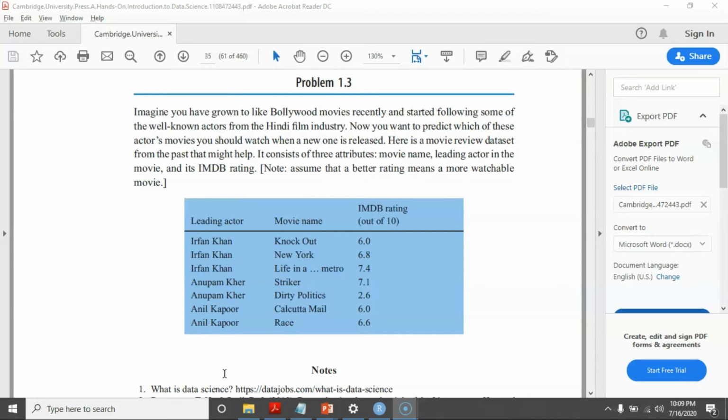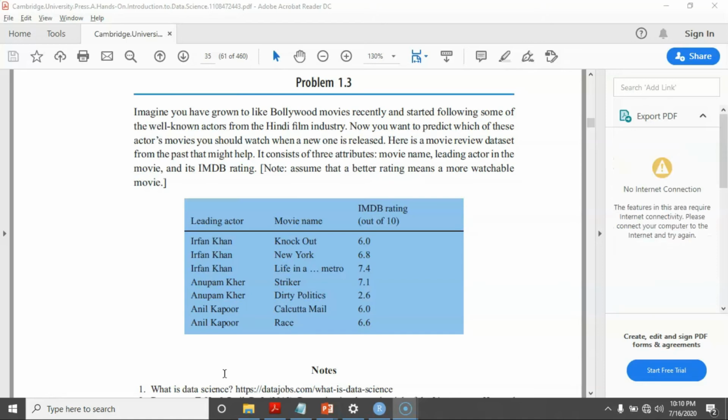But you are not very confident about which actor is best, which actor is actually the best performer, having the best rating. Again, this is a toy problem. Otherwise you would be consulting or taking help from a data scientist.